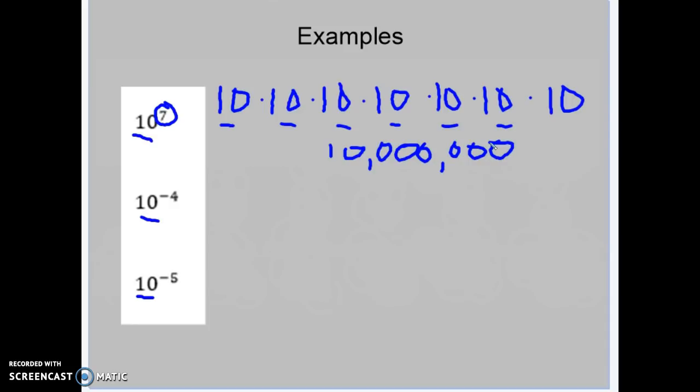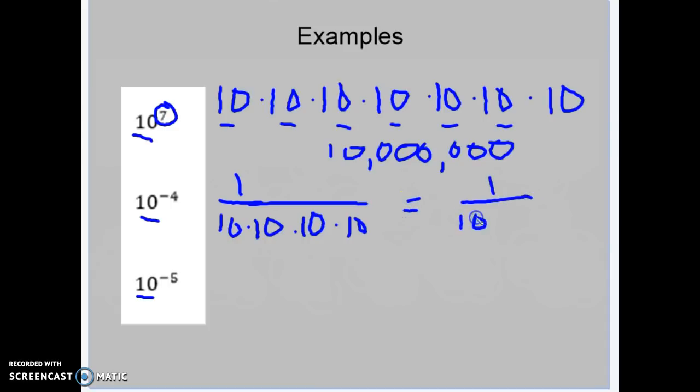When I have 10 to the negative 4th power, remember, negative exponent means a fraction. So we have 10 times 10 times 10 times 10, but it's as a fraction. We moved it to the bottom because it's less than 1. You multiply those out, you get an answer of 1 over 10,000.